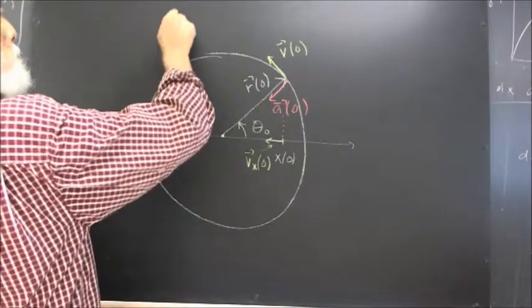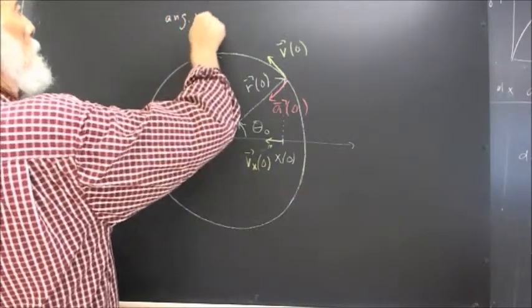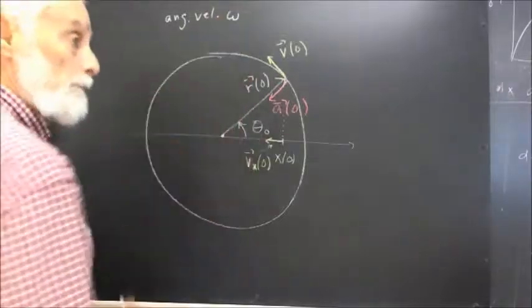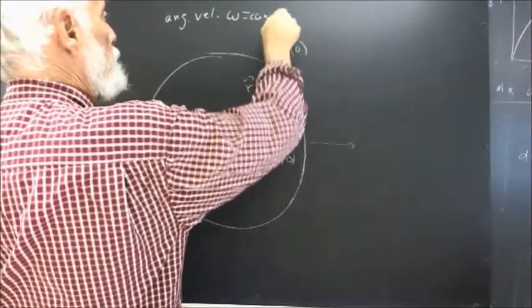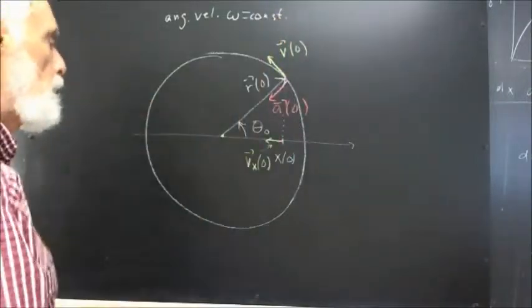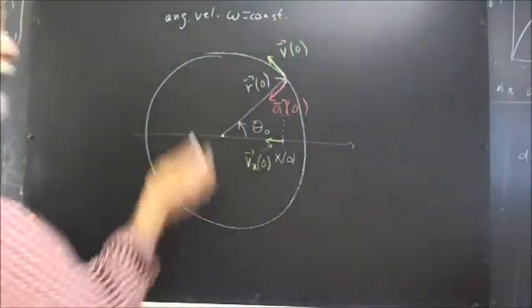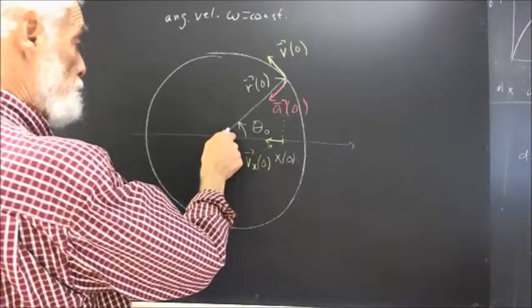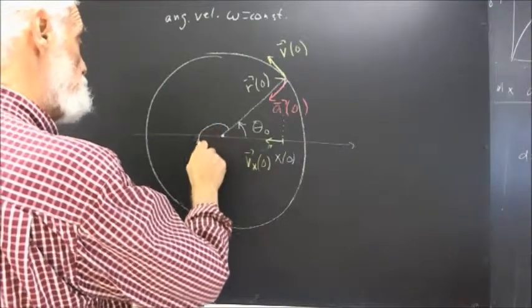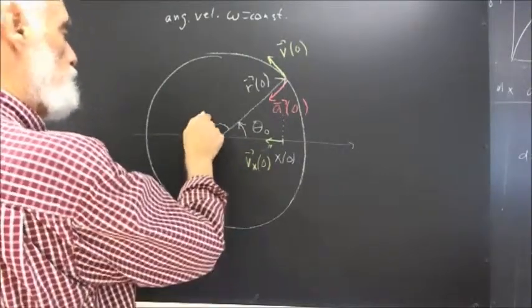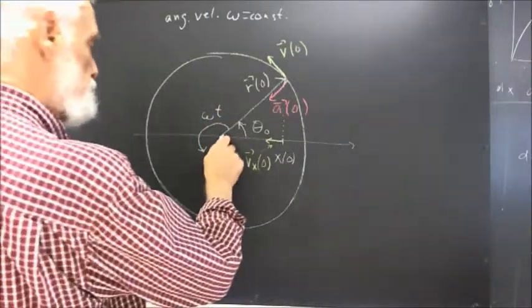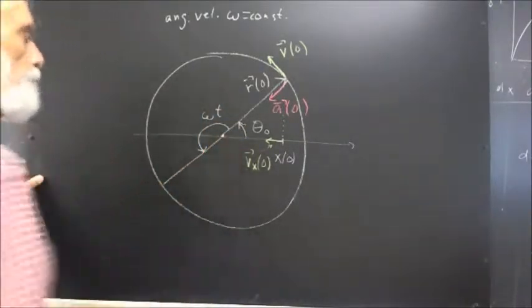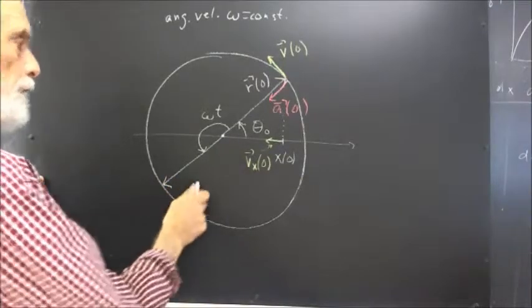Angular velocity will be taken to be omega, and that's going to be constant. So that at time t, we will have gone through some angle omega t, giving us our new r vector.